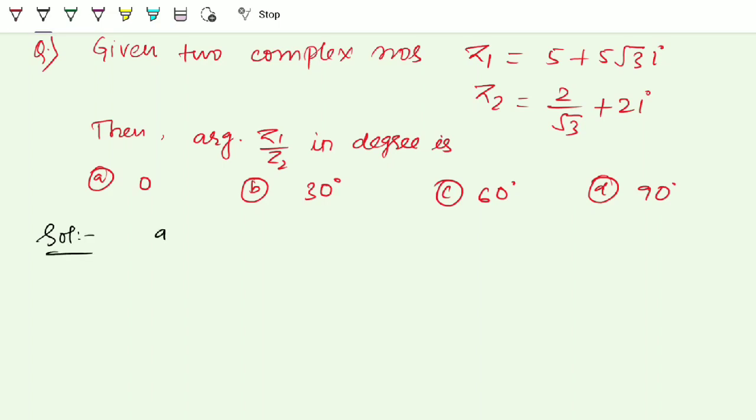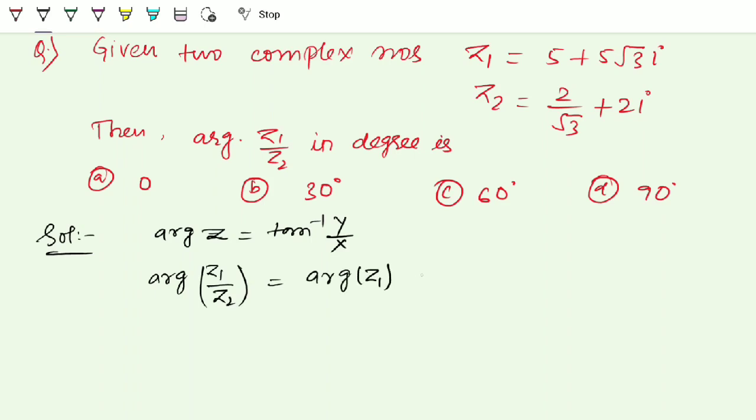So we already know that argument of a complex number Z is given by tan inverse y upon x. So argument of Z1 by Z2 is given by argument of Z1 minus argument of Z2. This is the direct utilization of the properties that we have already seen.